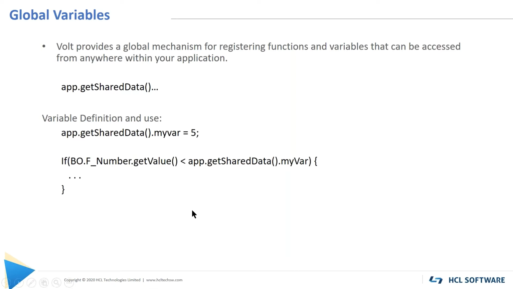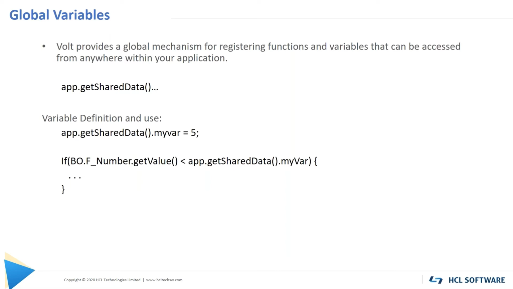So here I show you how it's defined. I'm basically registering a variable, setting it a value, and then I'm going to use that where I say, okay, if this number is less than whatever that global variable is, now I'm going to do something. Very useful. Like I said, variables are scoped. So if you're just going to do var globalNum equals 5, that's only going to be available within the current scope of where you've defined it.